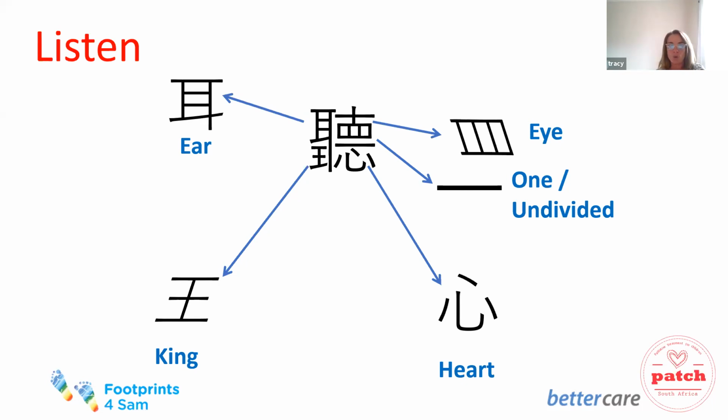We're taking that all into consideration. And when you look at this word listen, you can understand why it encompasses so much of what we want to be able to offer when we offer palliative care to our patients. Sorry, I left out the 10. And the 10 is giving the 10 eyes and giving full attention, 10 out of 10.